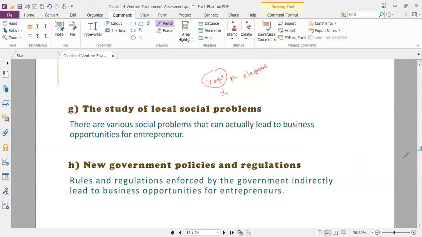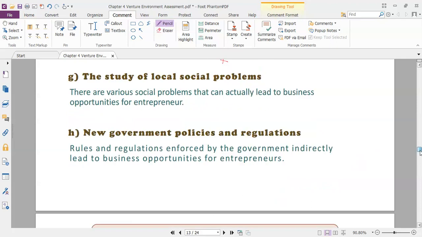New government policies and regulations. Rules and regulations made by the government indirectly lead to business opportunities for entrepreneurs. That is one of what we call opportunities. For example, 2 years before, because of COVID-19, the MCO, the government set up new policies.